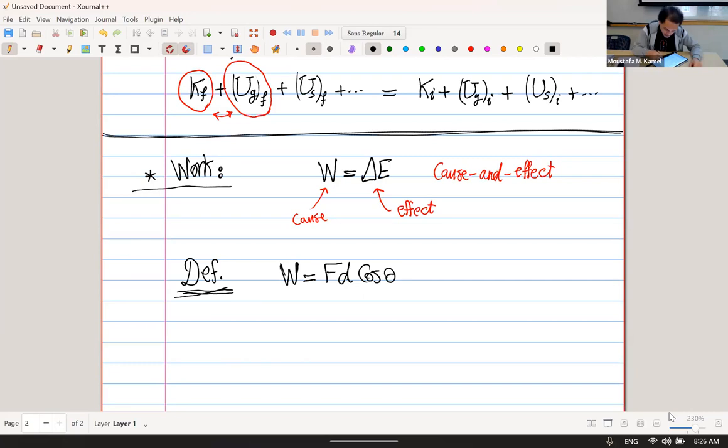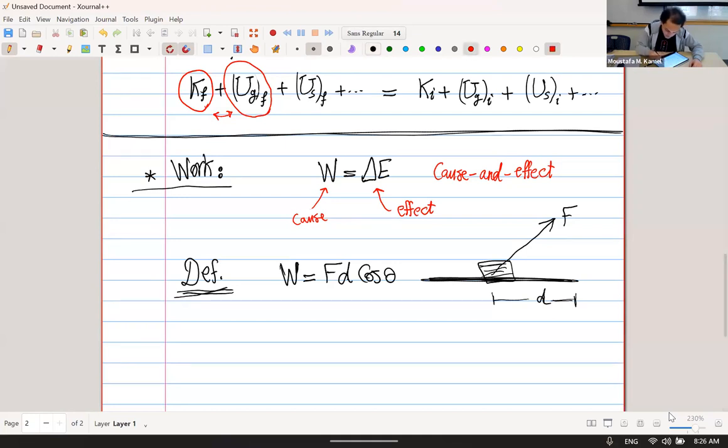So if we have a force acting, let's say we have a box here. A pulling force is acting on the box. Okay, this is the ground. So the box moves for a distance d, okay, from here to here, for example.